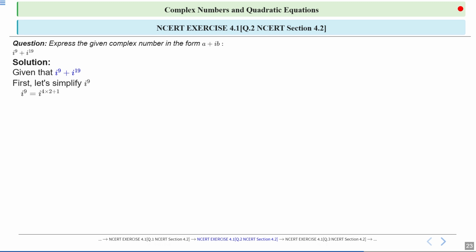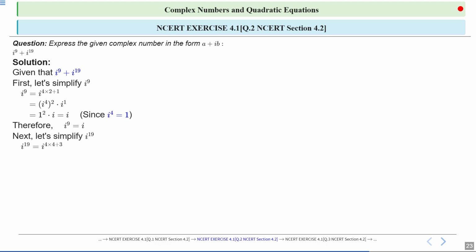Iota to the power 9 equals iota to the power 4 times 2 plus 1, which is equal to iota to the power 4 whole square times iota to the power 1. Since iota to the power 4 is 1, so 1 square times iota equals iota. Therefore, iota to the power 9 equals iota.